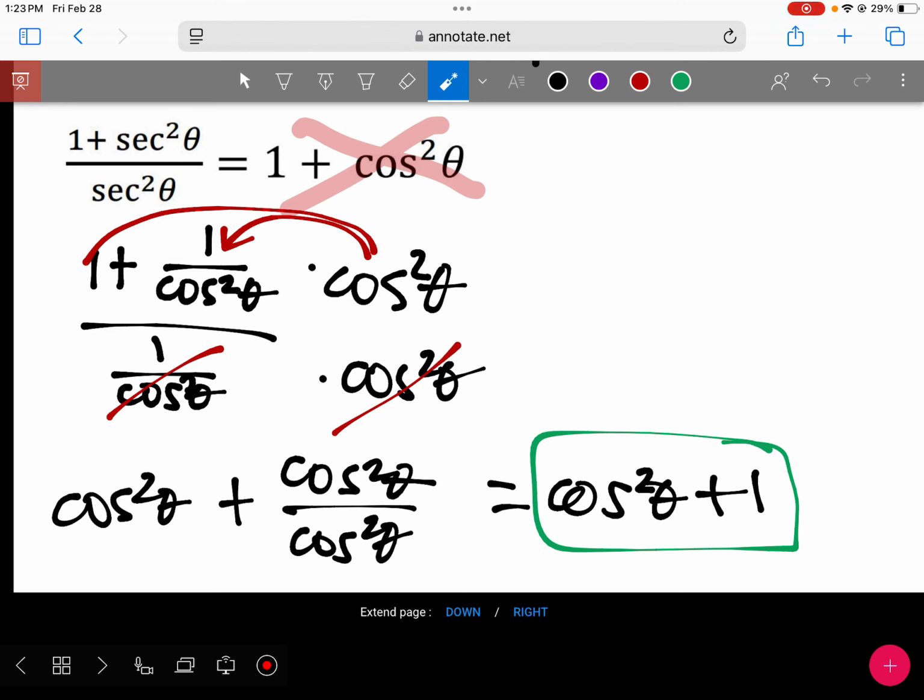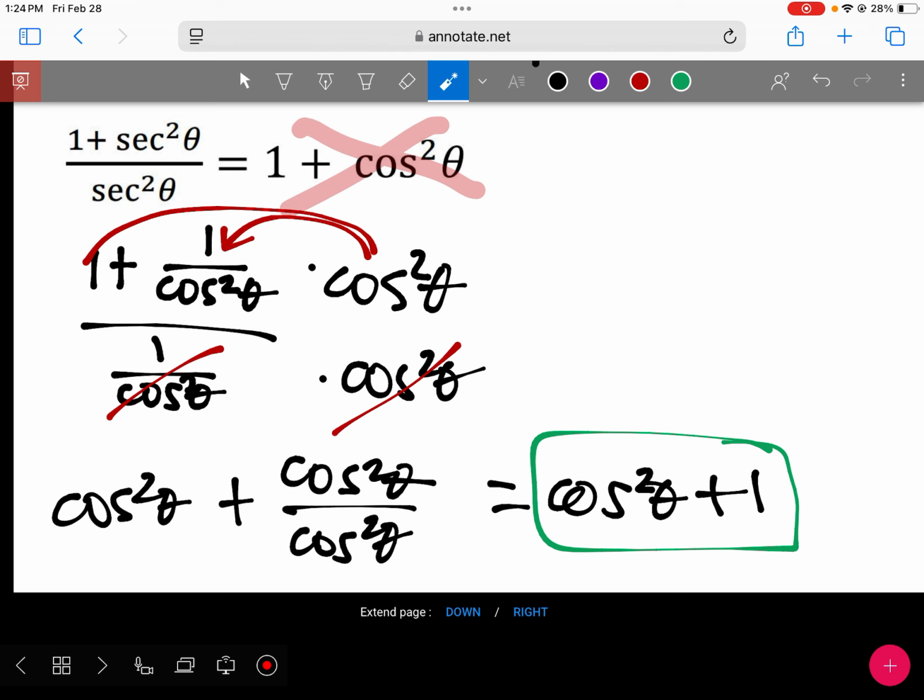The plus 1 from the other side? Yeah. This secant squared I changed into a 1 over cosine squared. Oh, okay, I see it now. Because this is verifying, which is why we're crossing out that one side.